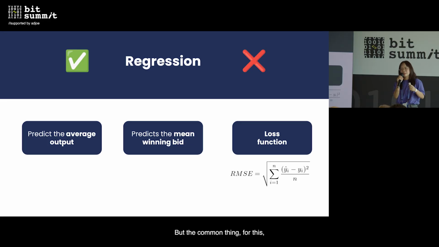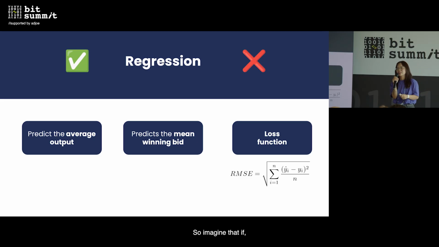But the common thing for this loss is that it is the distance between the predicted values and the true values, but there is no weight multiplied to that. So it means that if the model under-predicts or over-predicts, it will have the same penalty.